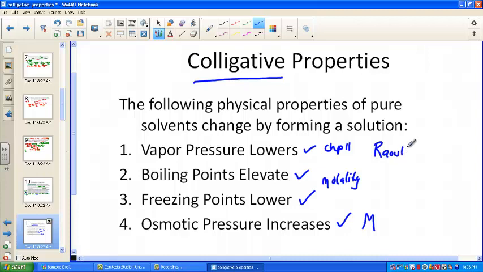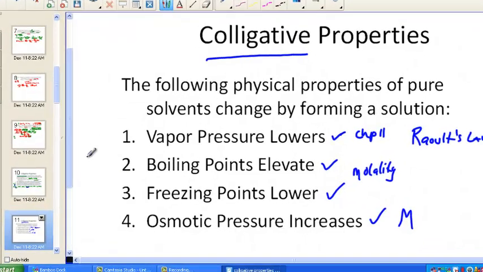It's something known as Raoult's law, but it's beyond the scope of the AP curriculum. I believe 2 years ago, it's been removed. So I've removed it from our notes and turned it into just a discussion and not actually a number crunching problem. Not that they were hard, they're just trying to narrow the scope of what we have to learn. Boiling point and freezing point are calculations as well as osmotic pressure.